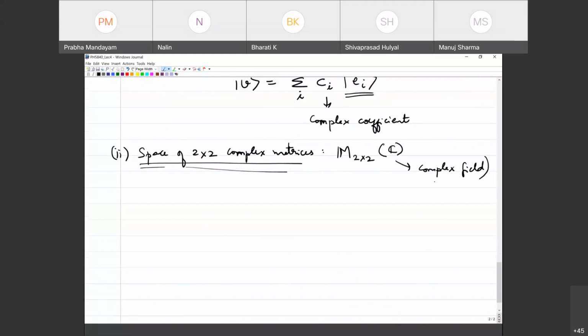So this is the space of, so consider one matrix M of this form, a, b, c, d, right? This is a 2 cross 2 matrix whose entries are all complex. Okay. So of course, again, it's easy for you to check that it's a linear vector space.